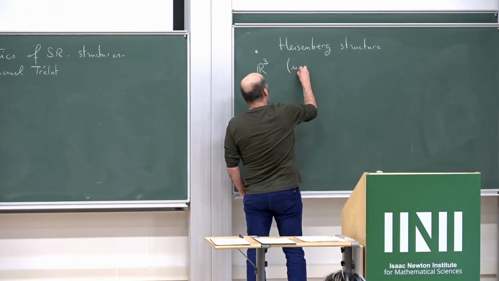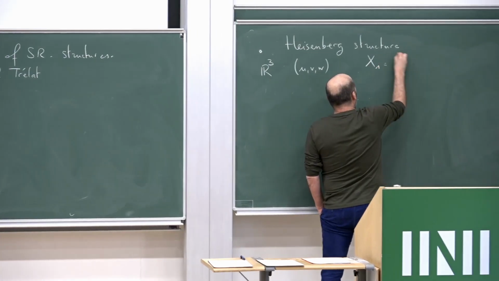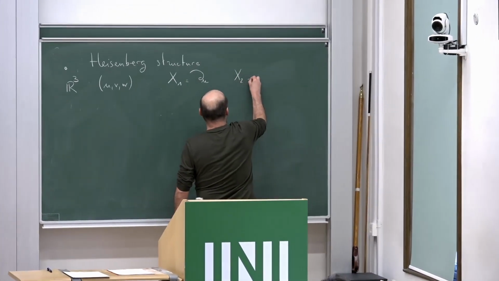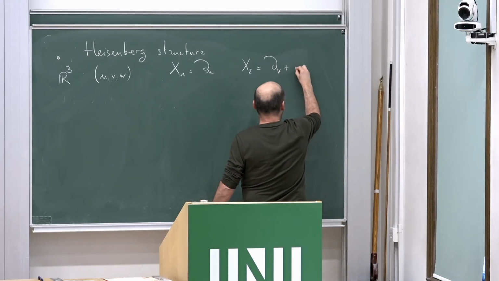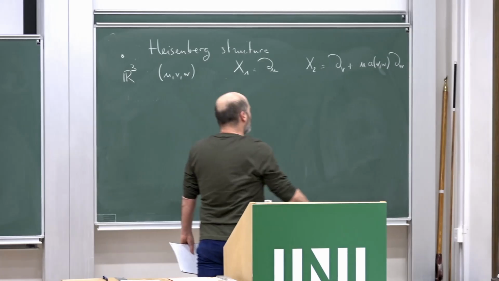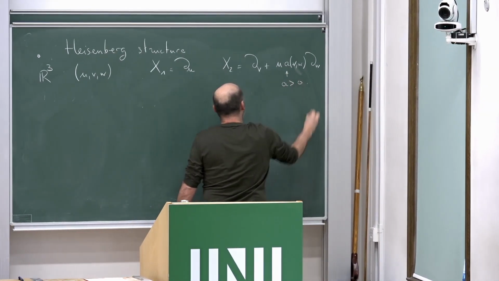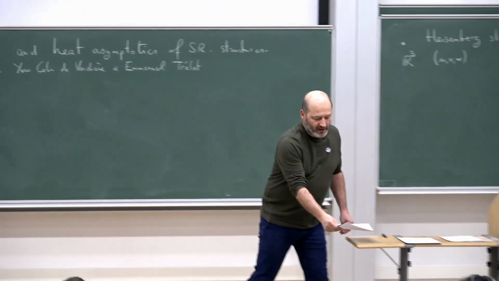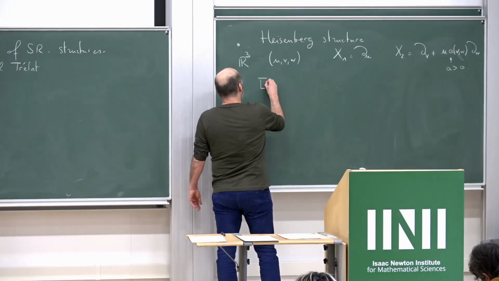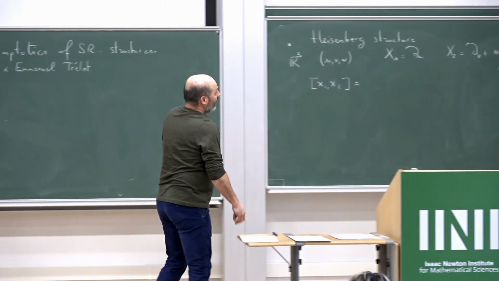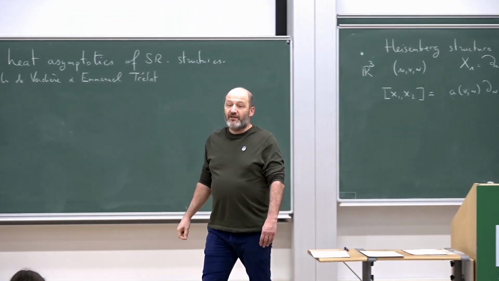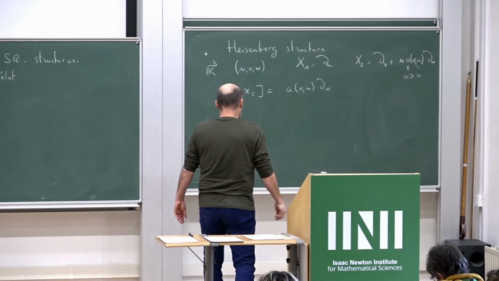I take coordinates u, v, w, and my first vector field is X1 = d_u, and my second is X2 = d_v + u a(v,w) d_w, and I assume that this function a is positive everywhere. Of course, you cannot generate the tangent space because you only have two vectors. But if you take the commutator of X1 and X2, then you will have a(v,w) d_w, which gives you the missing direction. That's my first example.